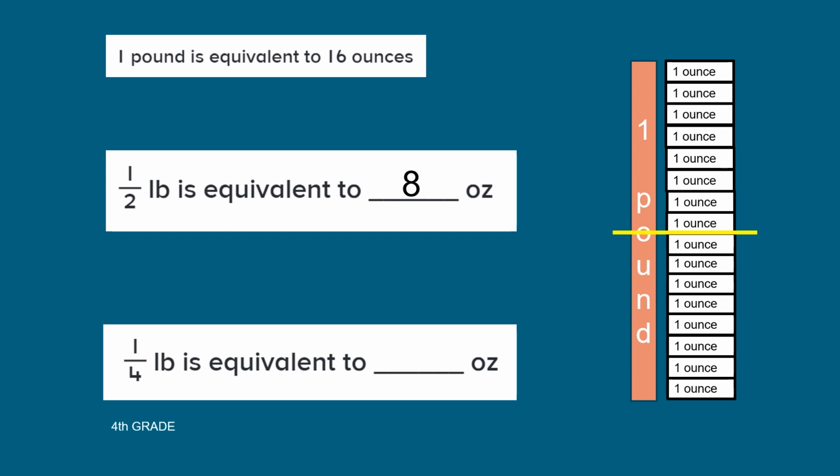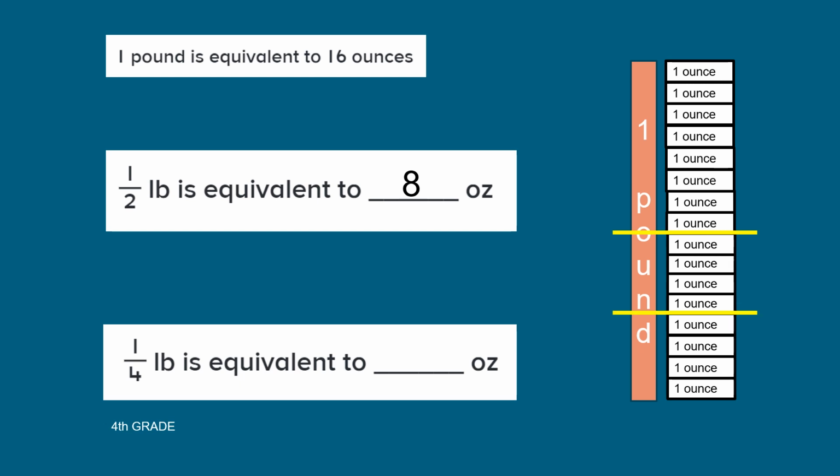How many ounces are equivalent to 1/4 pound? Maybe you knew that 16 divided into 4 equal parts is 4.